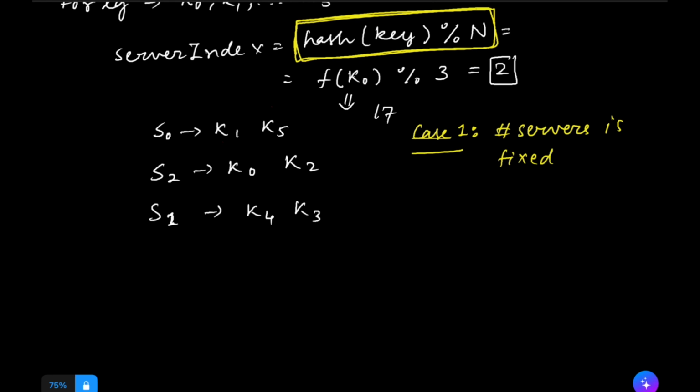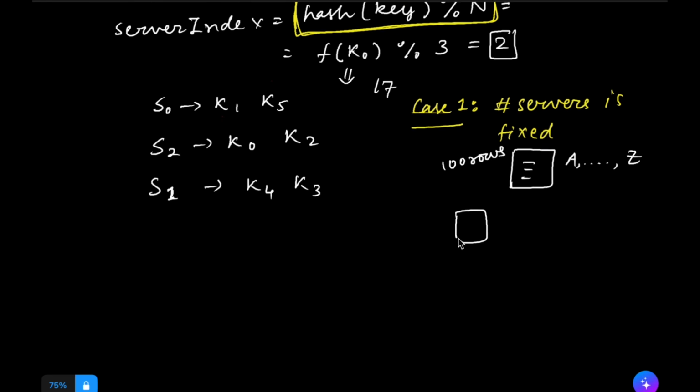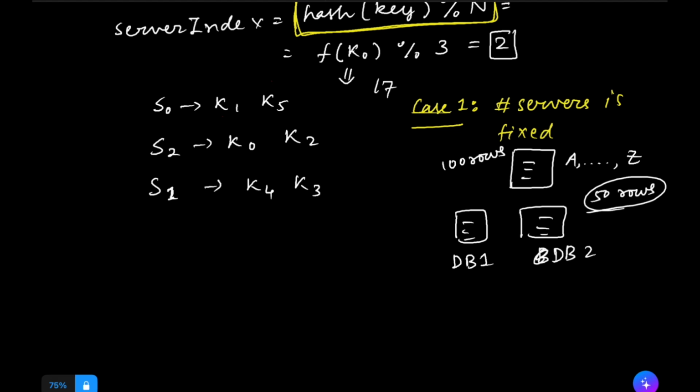Let's say initially I had a single server and it stored values with characters A to Z, and there were 100 rows. To scale horizontally, because the number of entries is huge and this database server cannot support this amount of data, we introduce two servers, database 1 and database 2, and we evenly distribute 50 rows each in each of the databases.